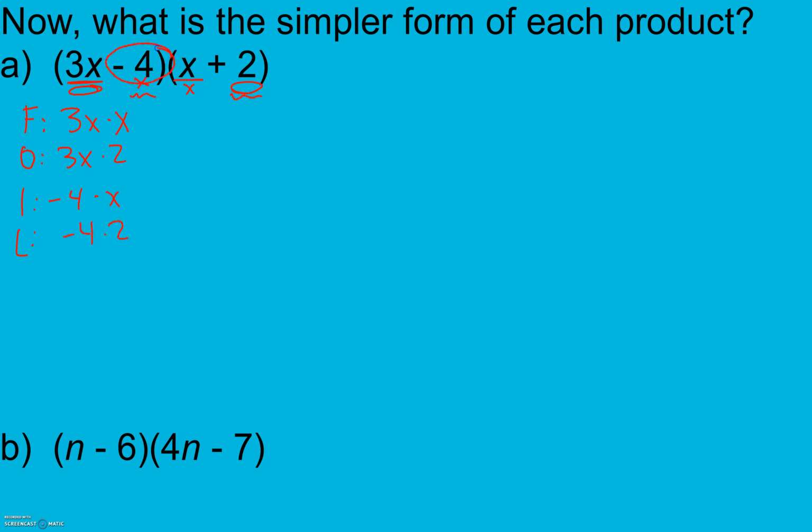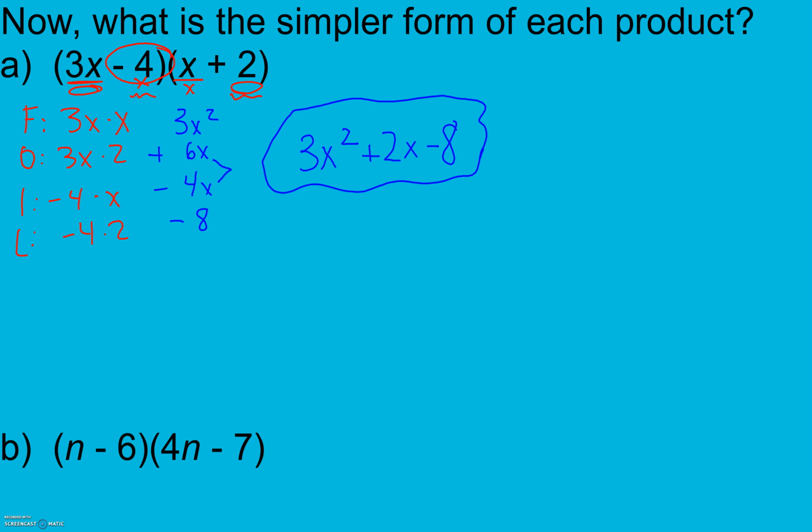And the sign goes with the number there. We're going to actually do our multiplication, 3x squared plus 6x minus 4x minus 8. Positive 6 minus 4 minus 8. Combine our like terms here. 3x squared plus 2x minus 8.